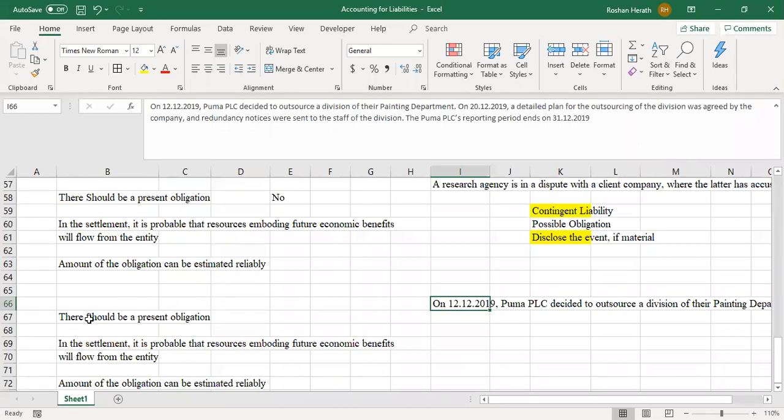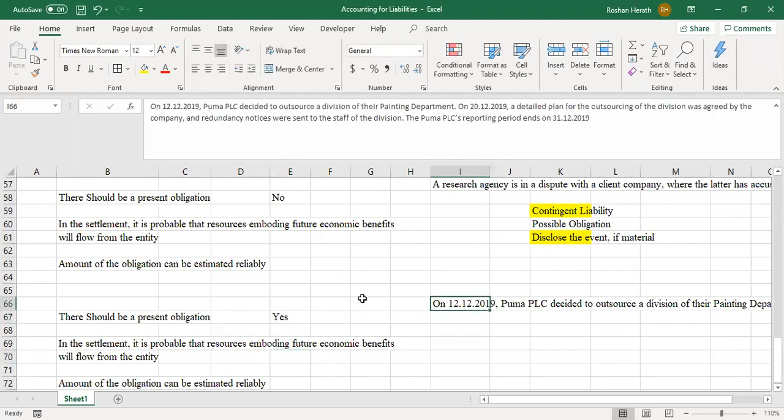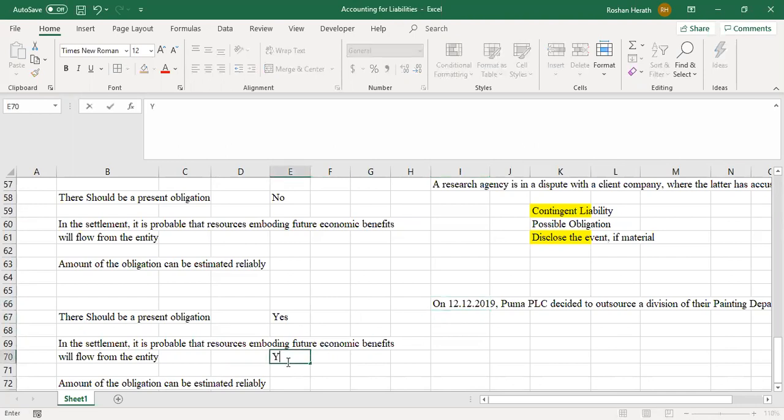So accordingly, there's a present obligation. In the process of laying them off, you need to fulfill certain obligations. Therefore, the present obligation is there. And when it comes to laying off these employees, as I mentioned, compensation has to be paid, so definitely the resources, the money, would be taken out of the entity.